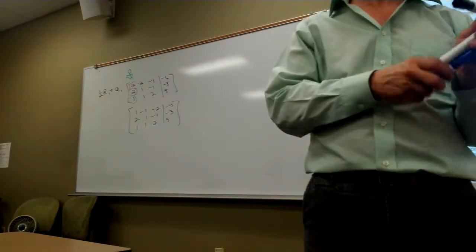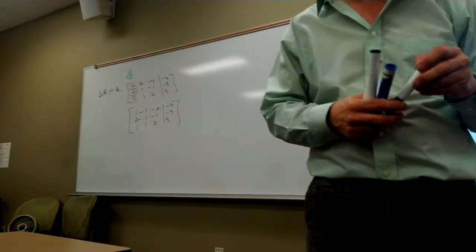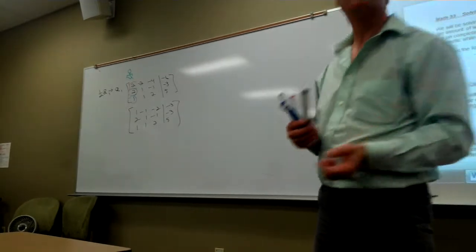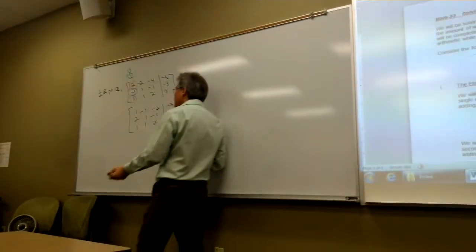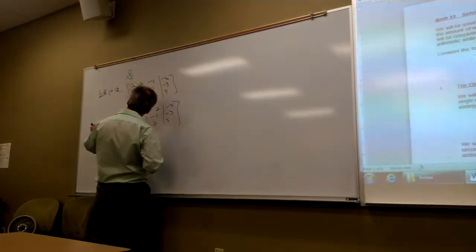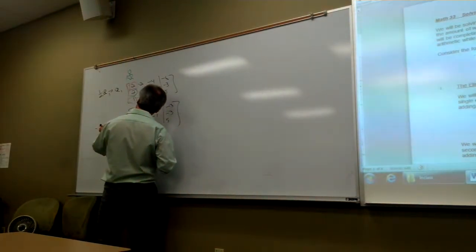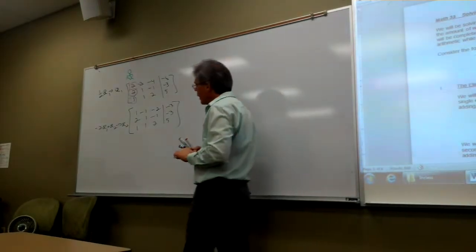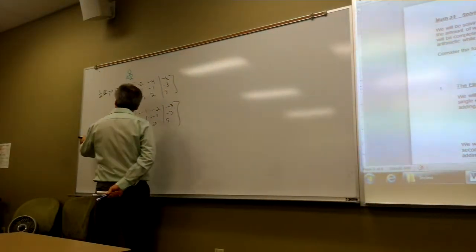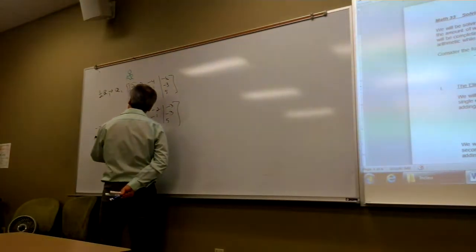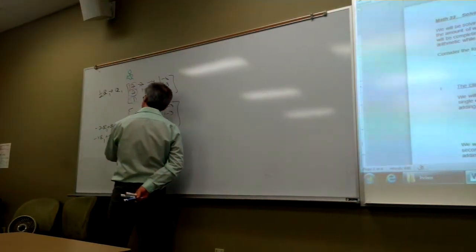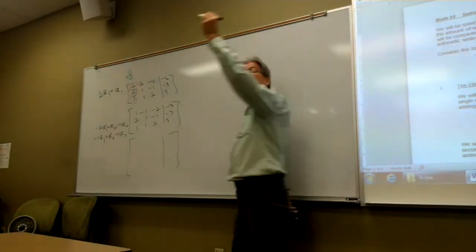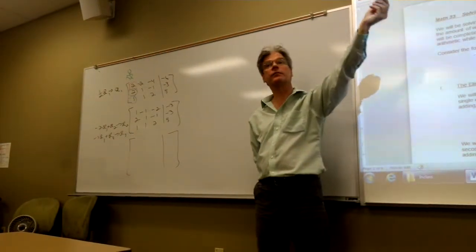I'll operate on the most previous row for which I forced a leading one to exist and combine it with the others. I will take negative 2 times the first row, add it to the second, use the result as my new second row. I will simultaneously take negative 1 times the first row, add it to the third row, use the result as my new third row. And I think this is going to be the corresponding equivalent augmented matrix.